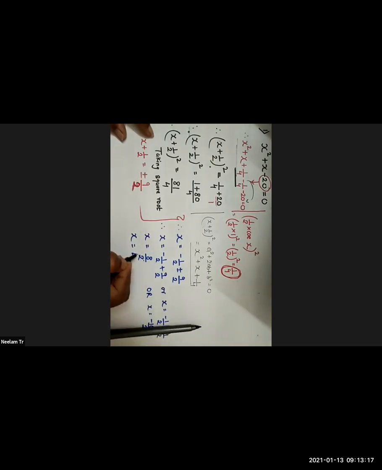The roots you got: 2 fours are 8, 2 ones are 2, so x is 4, and here 2 fives are 10, so x is equal to minus 5. Finally, what you are going to write? The roots of the given quadratic equation are 4 and minus 5.